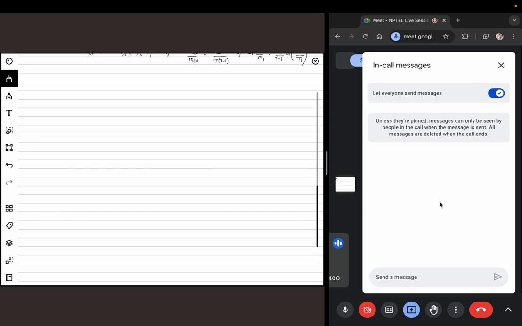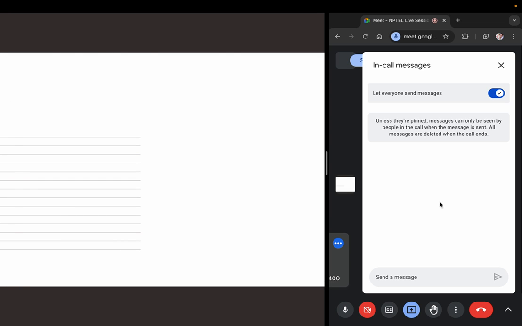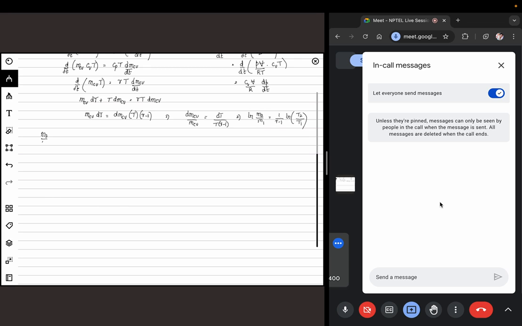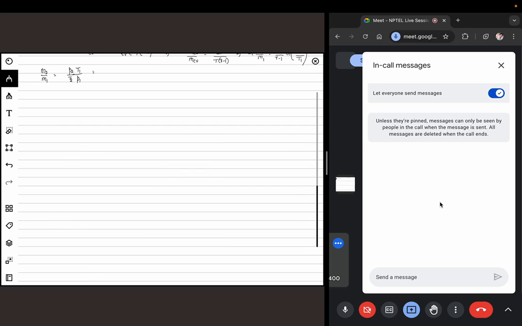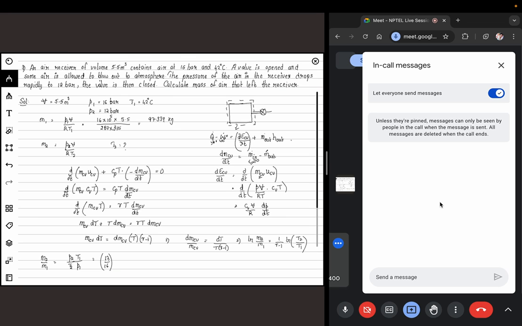And as we said before, you can use the ideal gas law. So M2 by M1 is P2 by T2 times T1 by P1. We know P2 and P1, so it is from 16 bar to 12 bar. So 12 by 16 times the initial temperature, which is known as 42 Celsius.